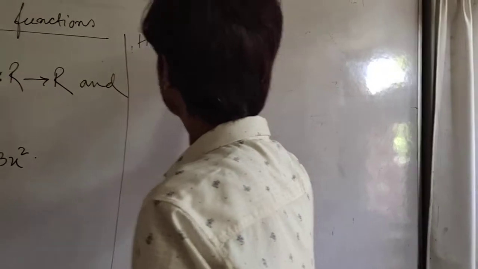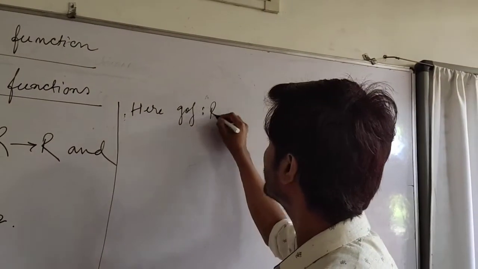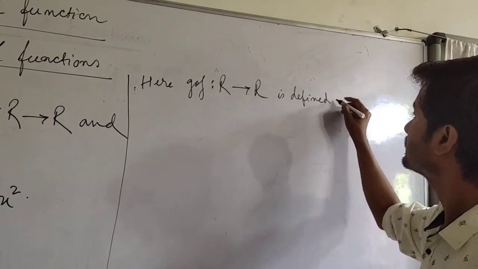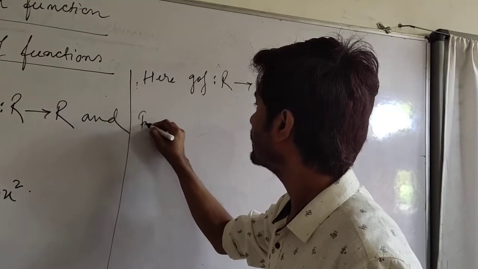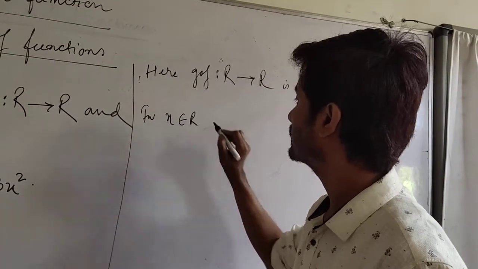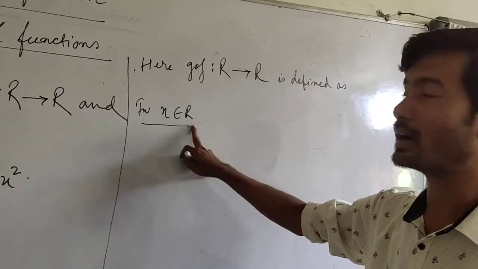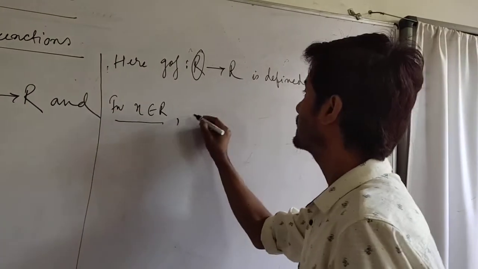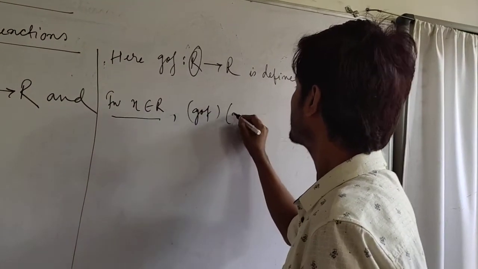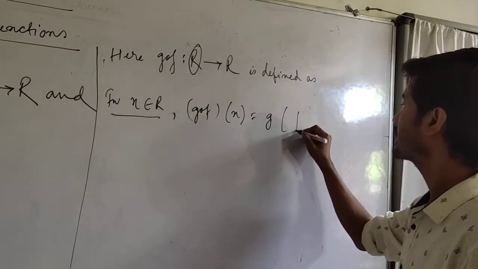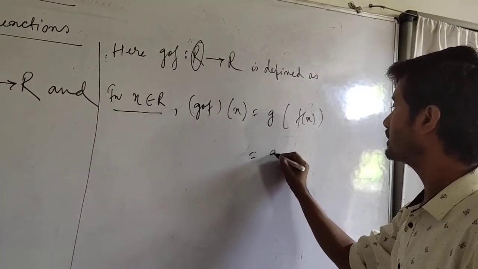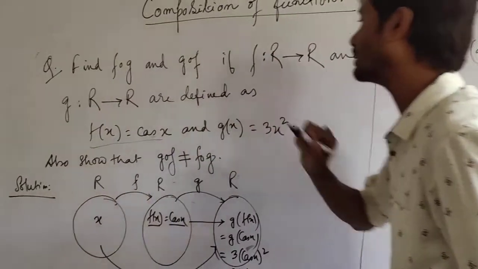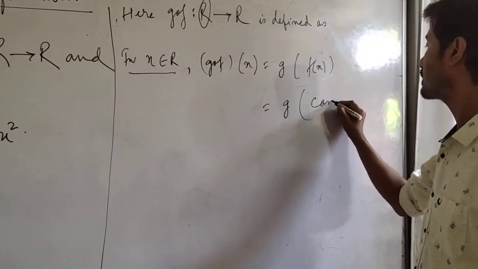Here g∘f, a function from R to R, is defined as follows. For x belongs to R, this is important, R is the domain of g∘f, (g∘f)(x) is equal to g of f(x). f(x) is given as cos x, so g of cos x.